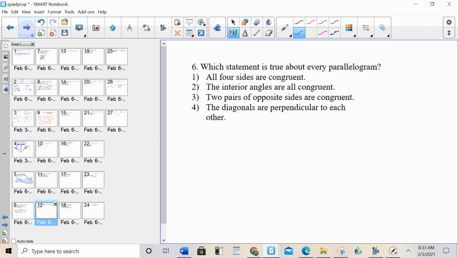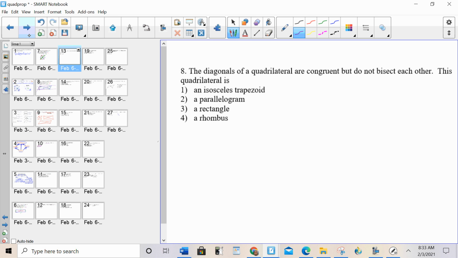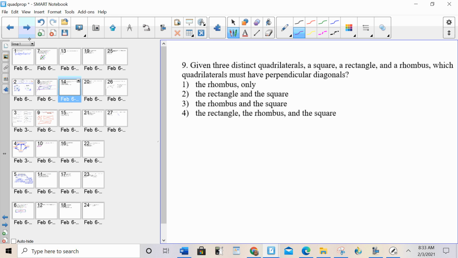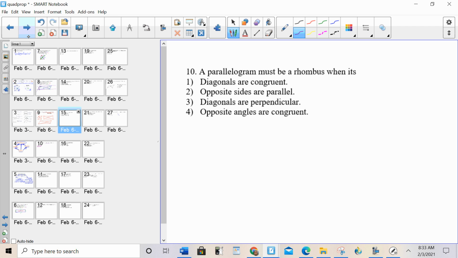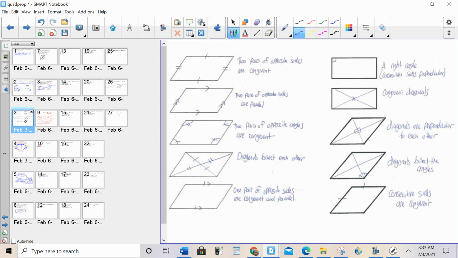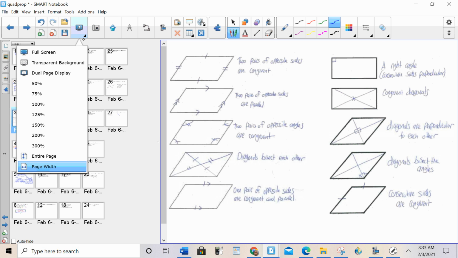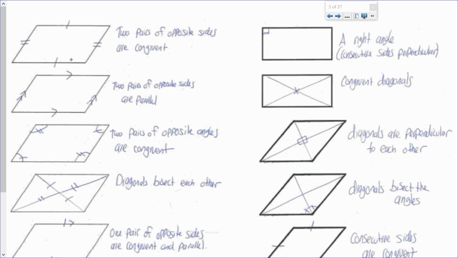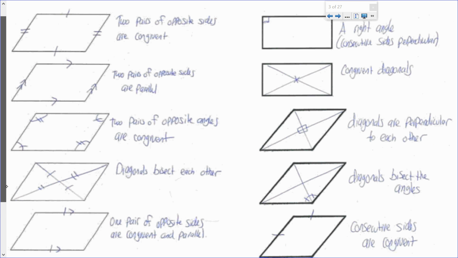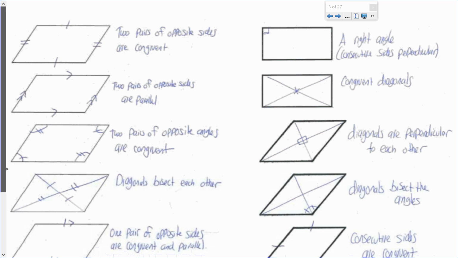All right, let's skip ahead to number 10. Let's go back to this picture. To prove these shapes, to prove the parallelogram, I have to do one of these 5 things, but again, the last one's not going to really come up today.